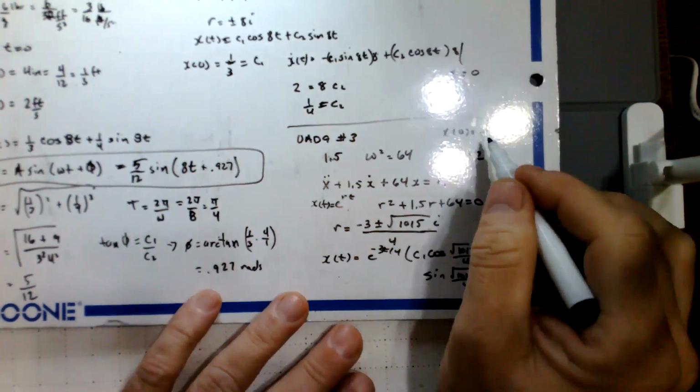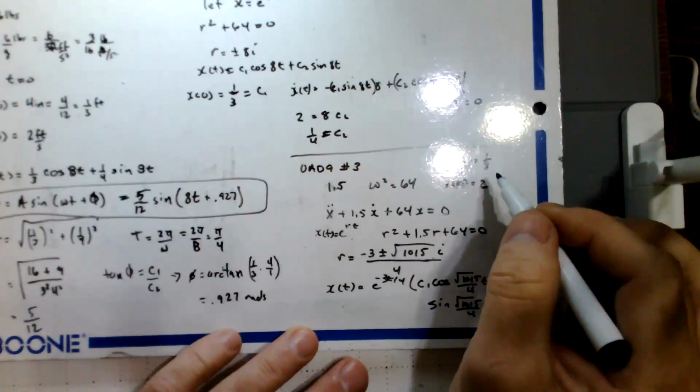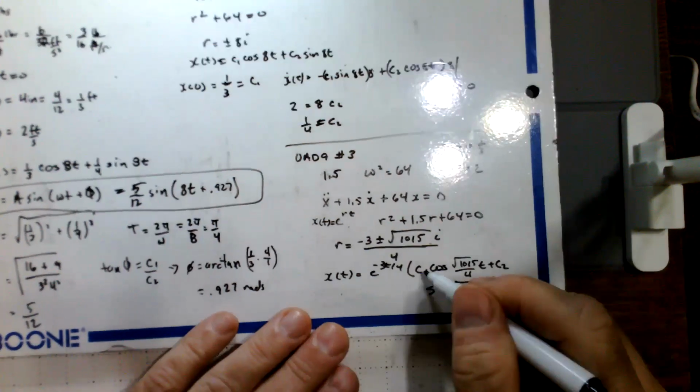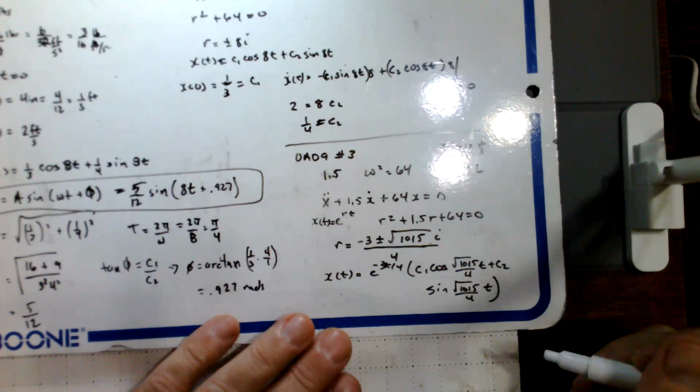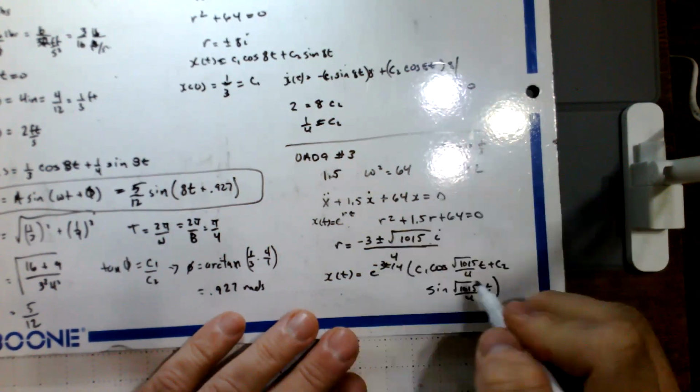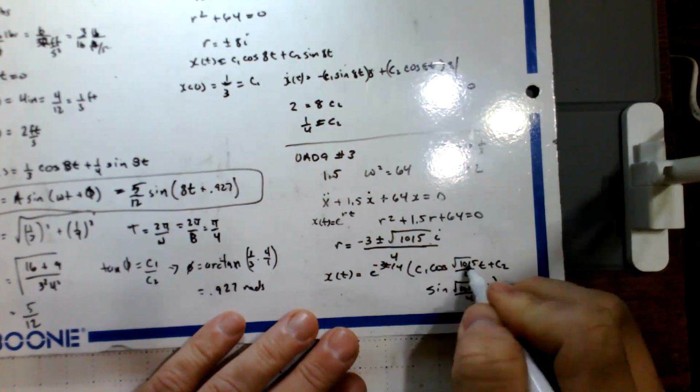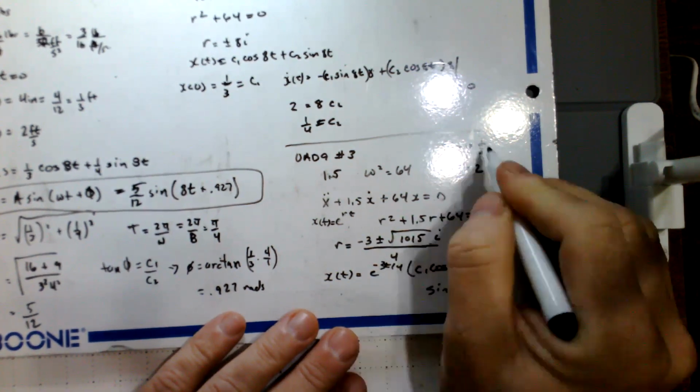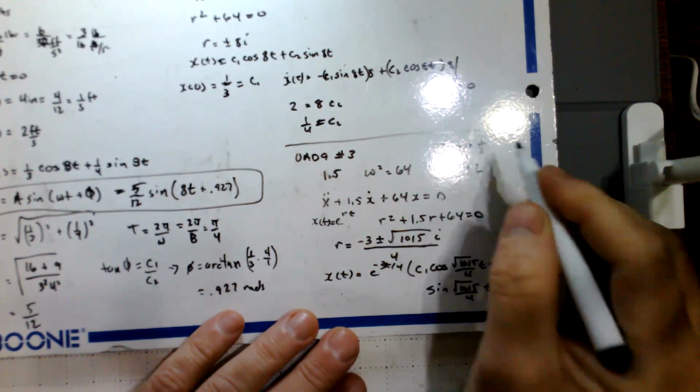So we still have these initial conditions, and we would still use these to find the constants C1 and C2. For the first one, if we plug in 0 everywhere, the exponential gives me 1, this sine term gives me 0, and cosine will be 1. So you're going to get C1 is actually 1/3. That one's really easy to find.